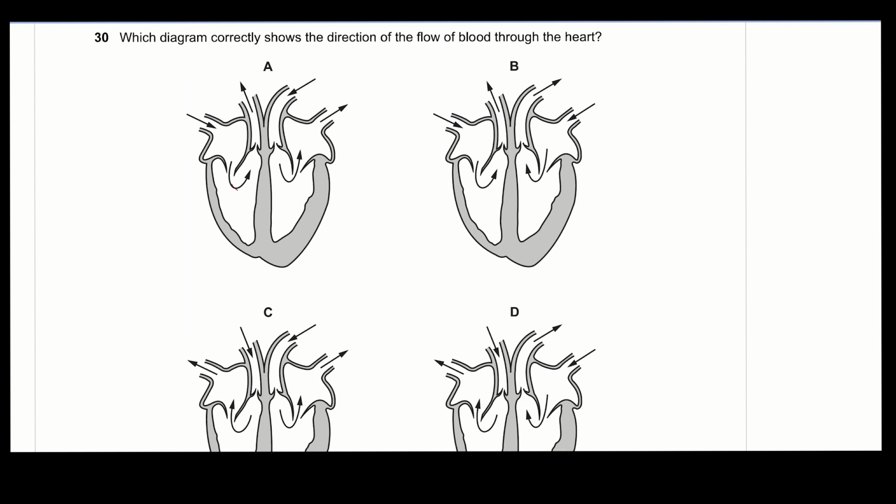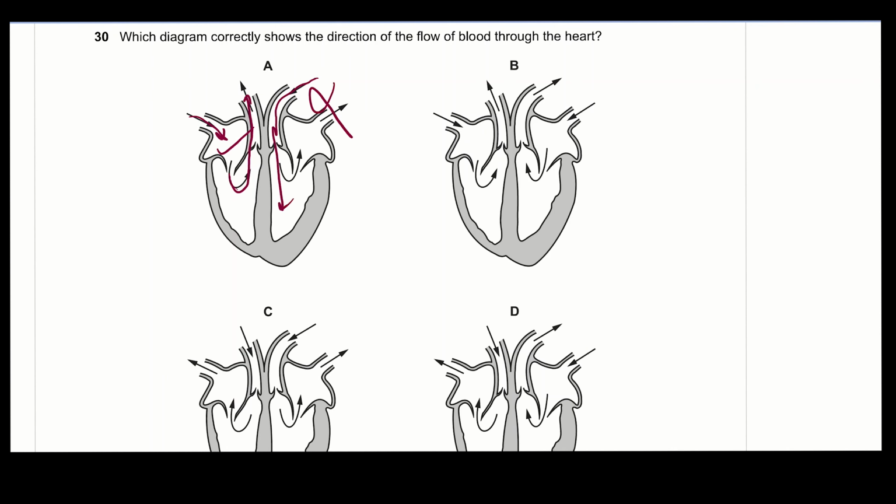Question 30. Which diagram correctly shows the direction of flow of blood through the heart? Let's start with that first one. As we see here, blood is entering the atrium and going out of the ventricle. This part is correct. But here, the blood is entering through the ventricle. This is incorrect.